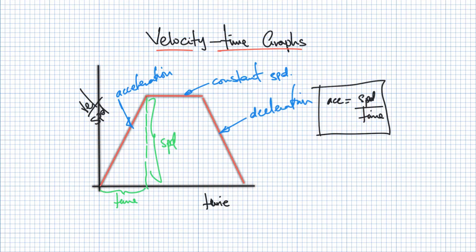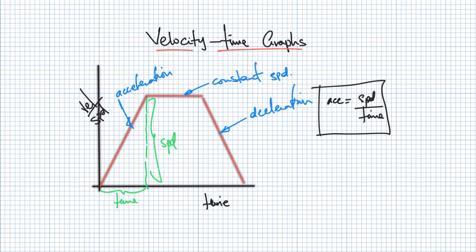Can you see that? And it'll be the same thing here, rise over run. So basically, in order to calculate acceleration from a speed time graph, you just find the gradient of the space at which you're finding your acceleration for.